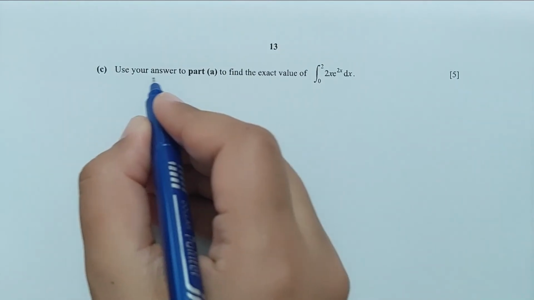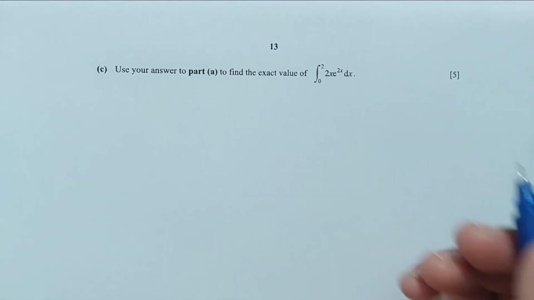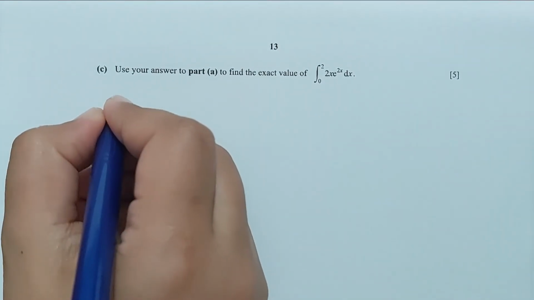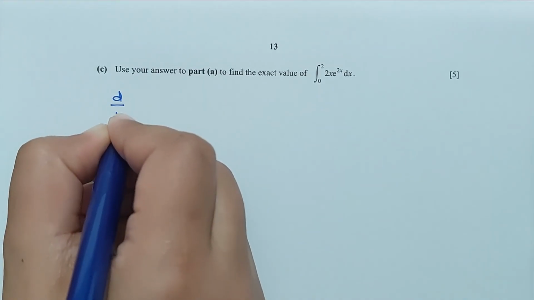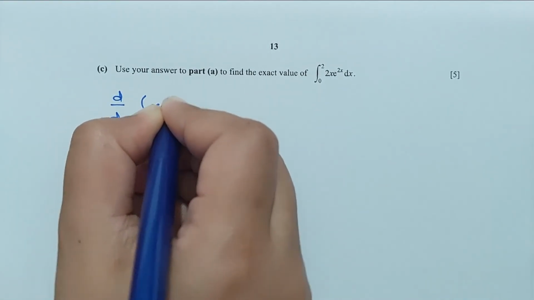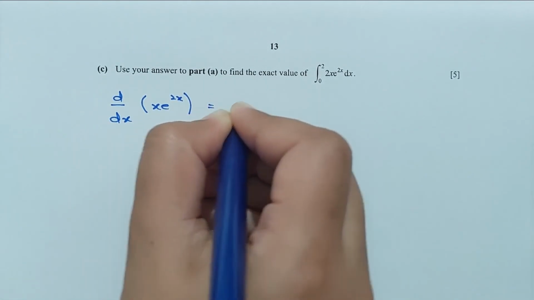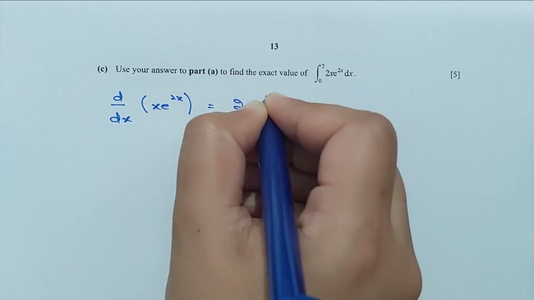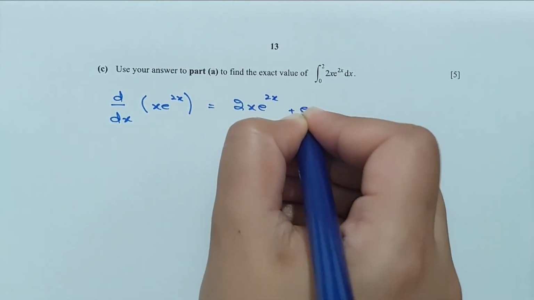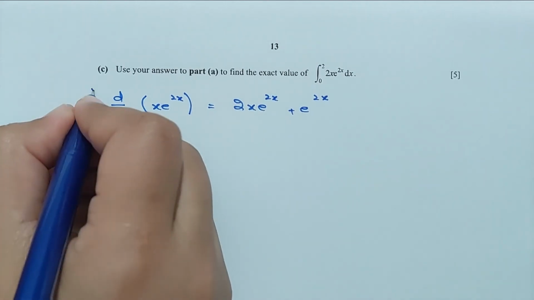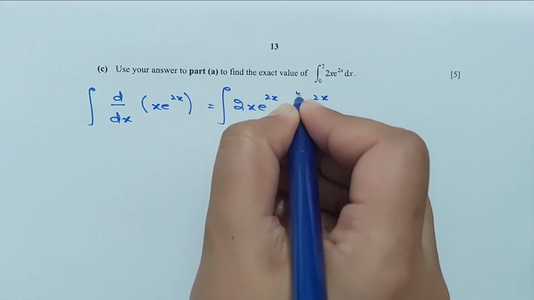Now for part C, use your answer to part A to find the exact value of this integral. The answer of part A is d by dx of x e power 2x. This is 2x e to the power 2x plus e to the power 2x. Integrate on both sides.